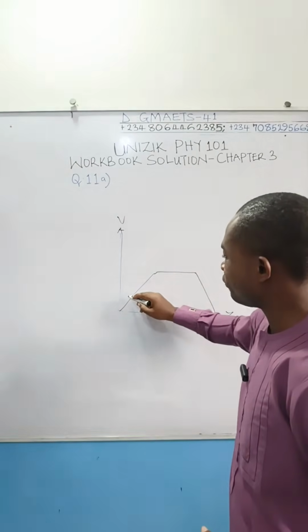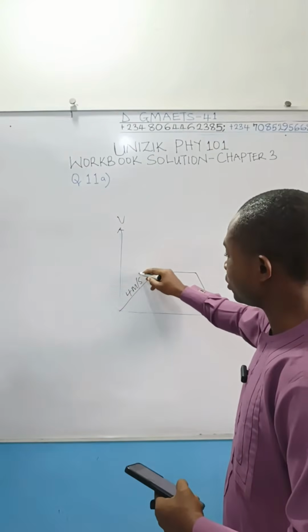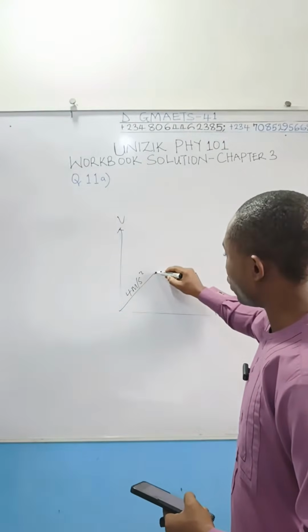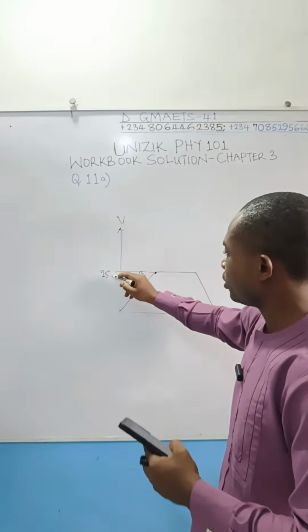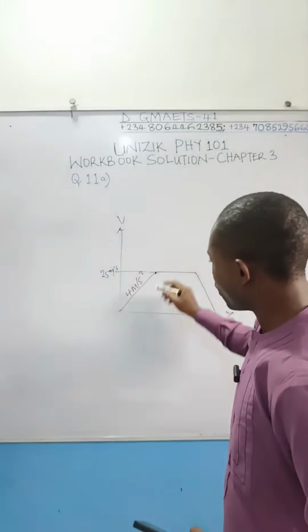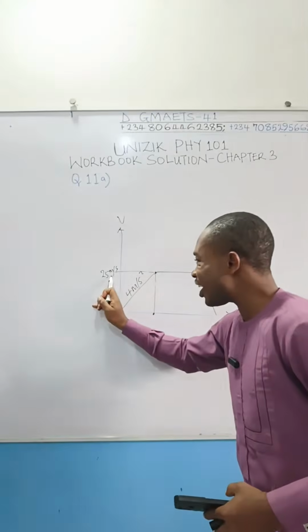So from here, we have the uniform acceleration given as 4 meters per square second. Then when it got to this point, the velocity was 25 meters per second. Of course, we need to know the time that corresponds to the car attaining this velocity.